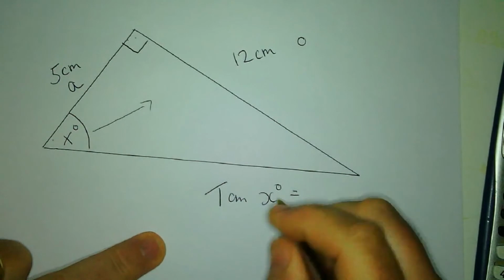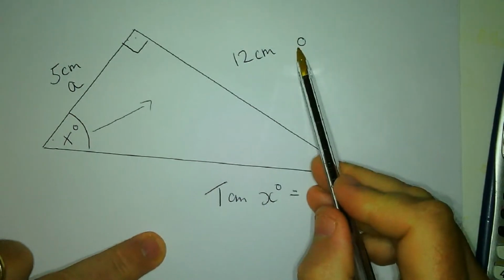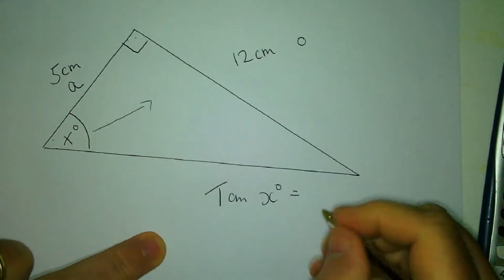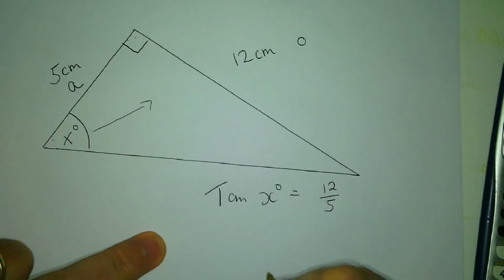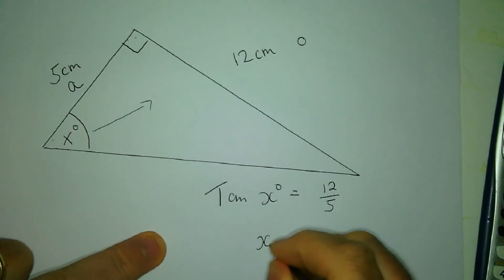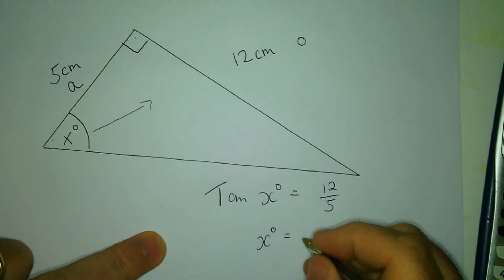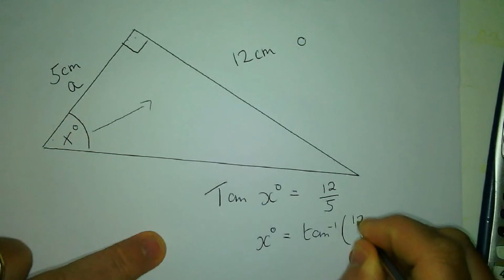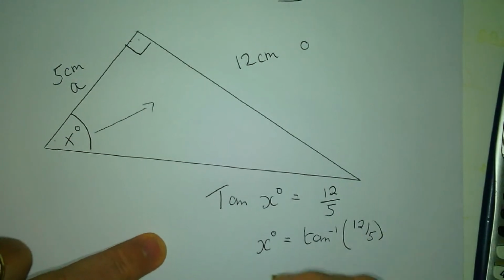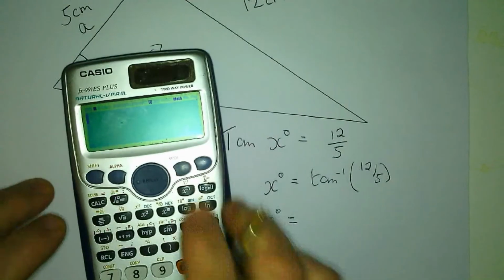So I can just do tan x degrees equals, remember, opposite over adjacent, 12 over 5. So x degrees equals tan to the minus 1 again.